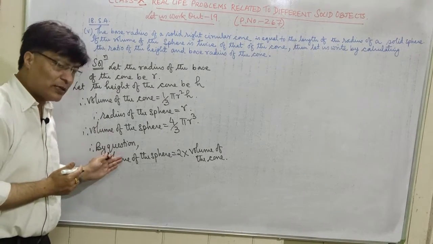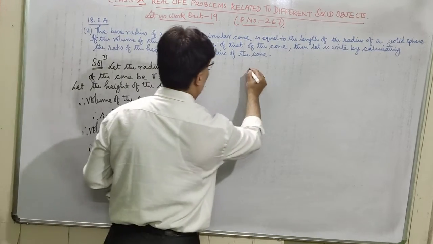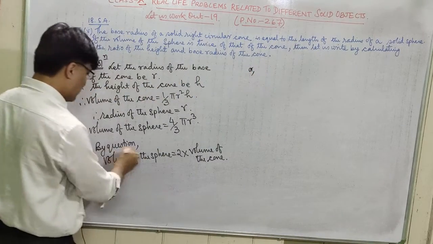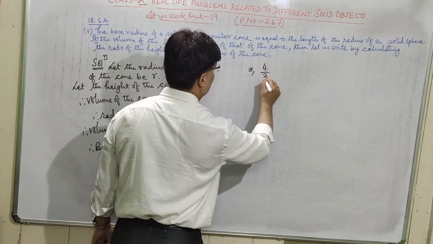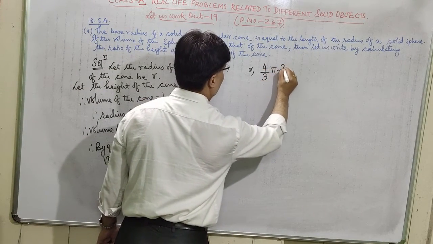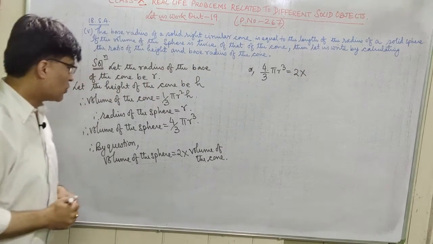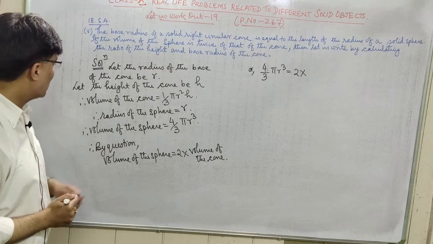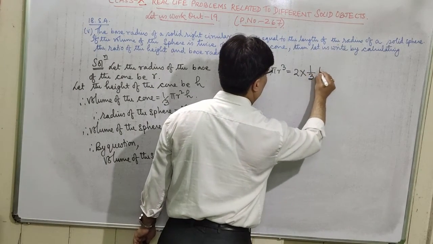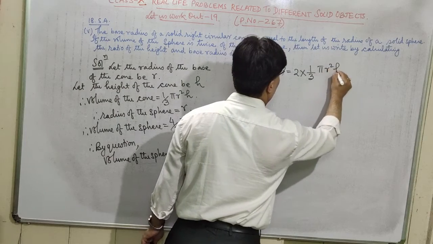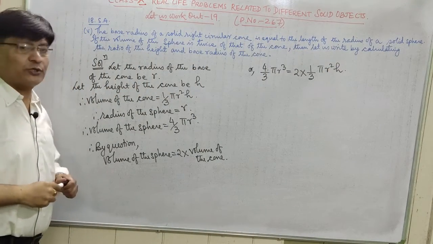Now what is the volume of the sphere? It is 4/3 pi r cube, which is equal to twice the volume of the cone, that is, 1/3 pi r square h. Is that clear to all of you? So I think you have understood it.